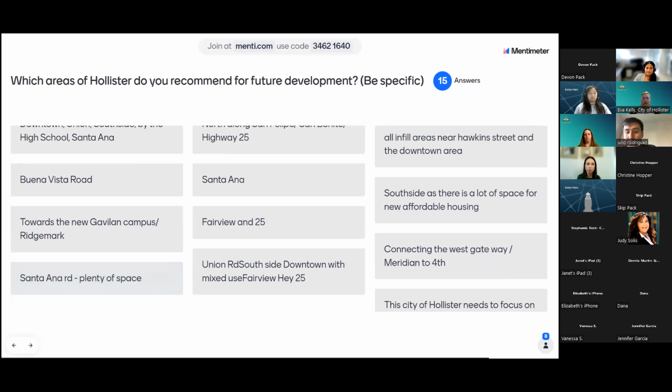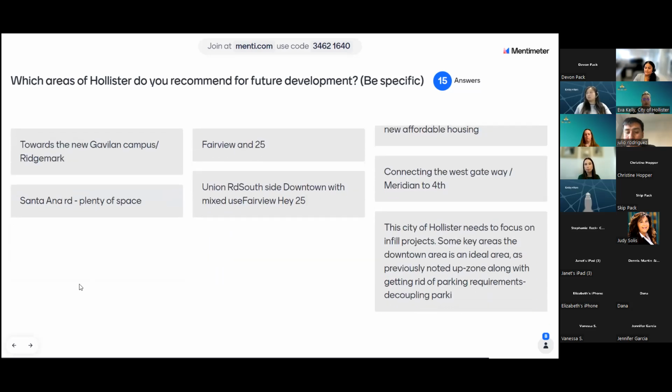And the last area that I kind of mentioned and threw in is to help build up the second high school and the new Gavilan Community College campus area. And so that's towards the east, towards Ridgemark, along Fairview Road, which is where the Gavilan campus is going to be going.